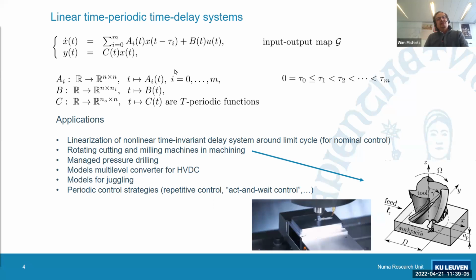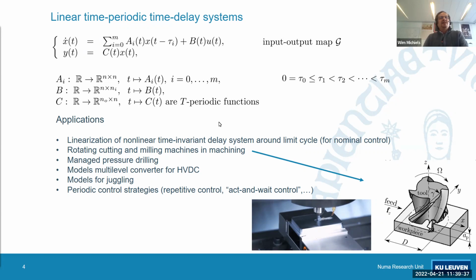Another application that has recently started up is about power systems and control of multi-level modular converters for HVDC, so high voltage direct current transmission. When you want, for instance, to connect the power grid in the UK and in Europe, then a DC link would be the best solution to avoid bad interference and cascading events.